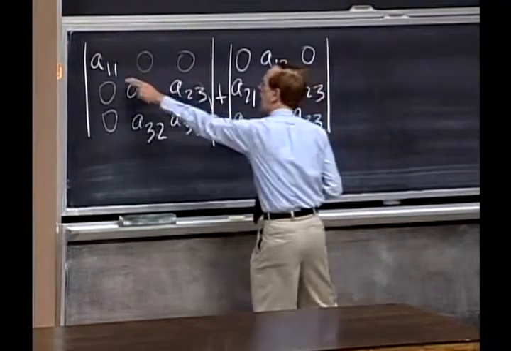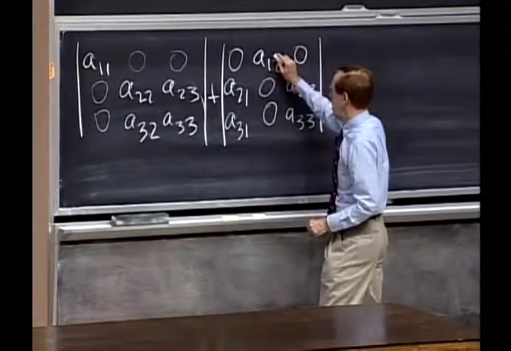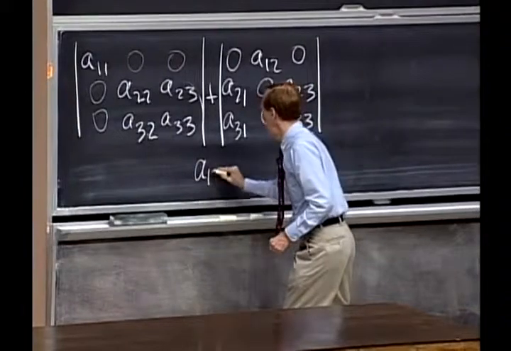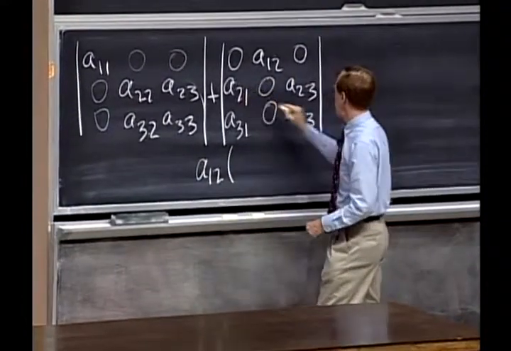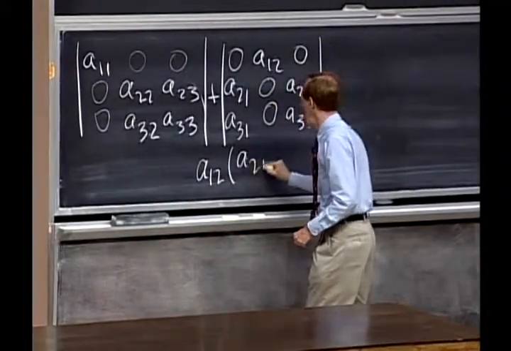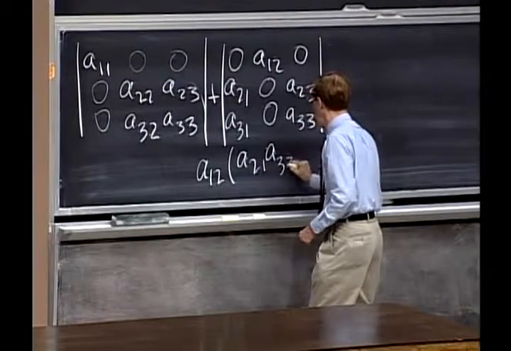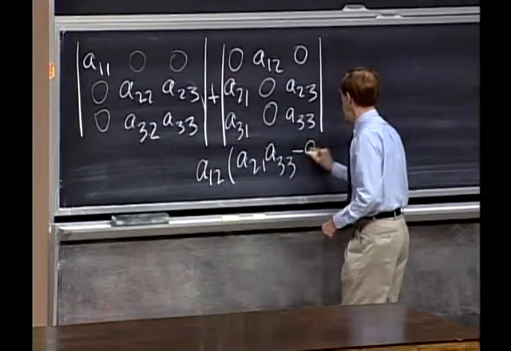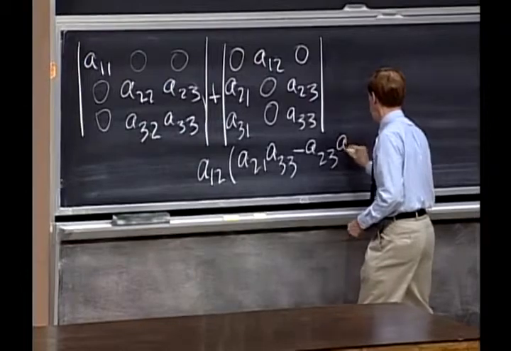This will give me A12 times this determinant, A21, A33 minus A23, A31.